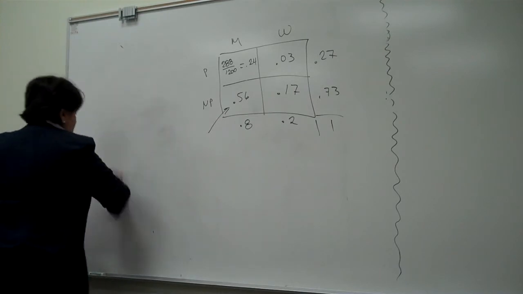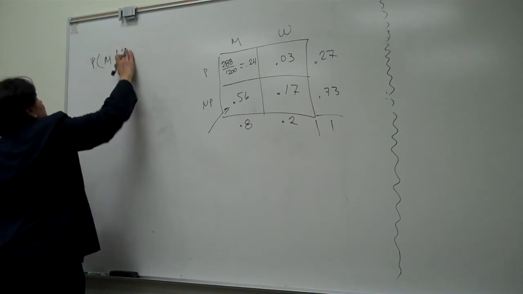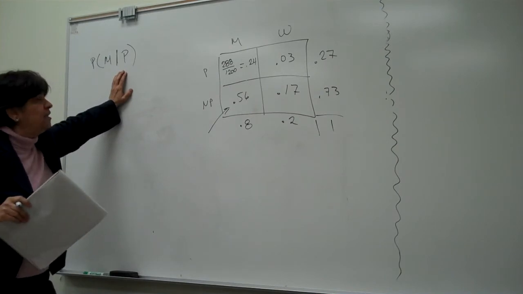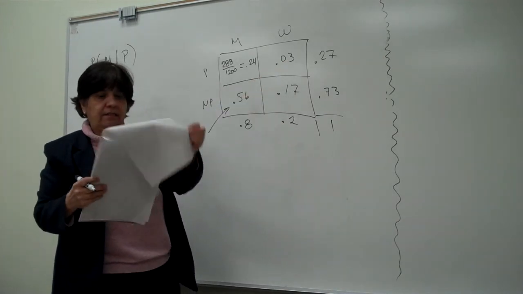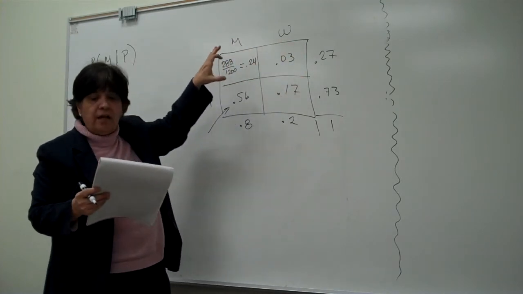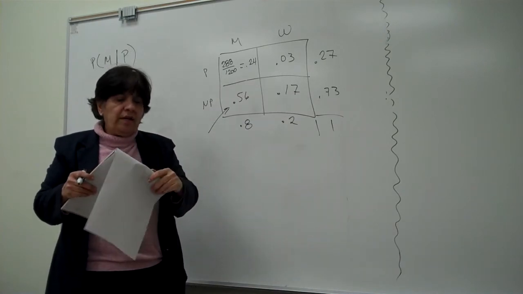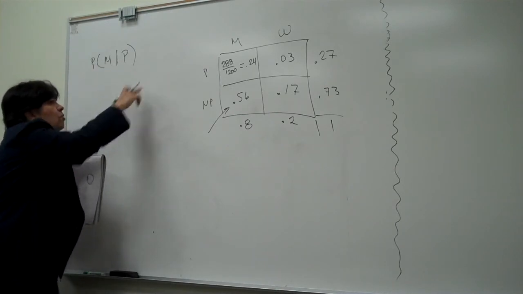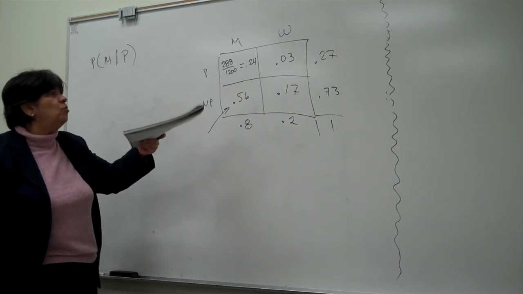Now, I want to know, what is the probability of being a man given that the person was promoted? We know that it was promoted. That's a fact. So, of the 324 officers that were promoted, what is the probability that the person is a man given that they were promoted?